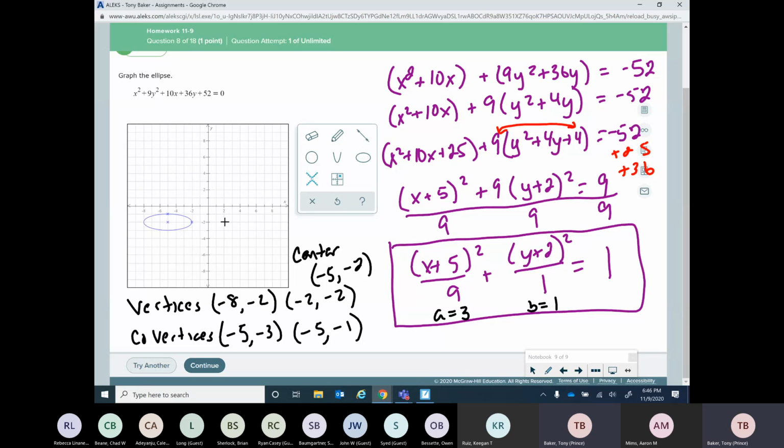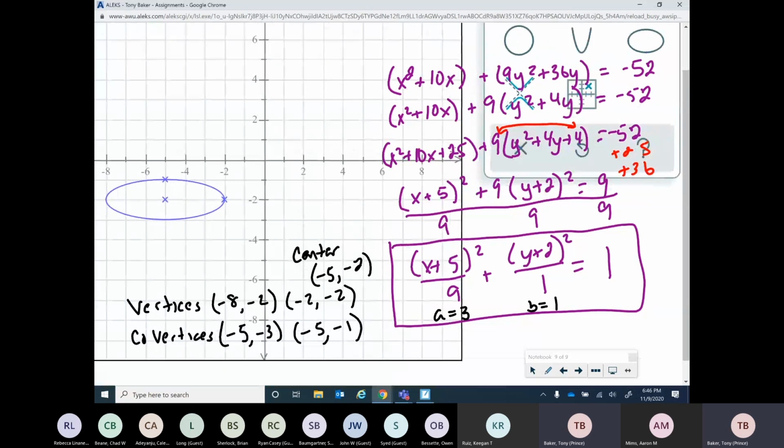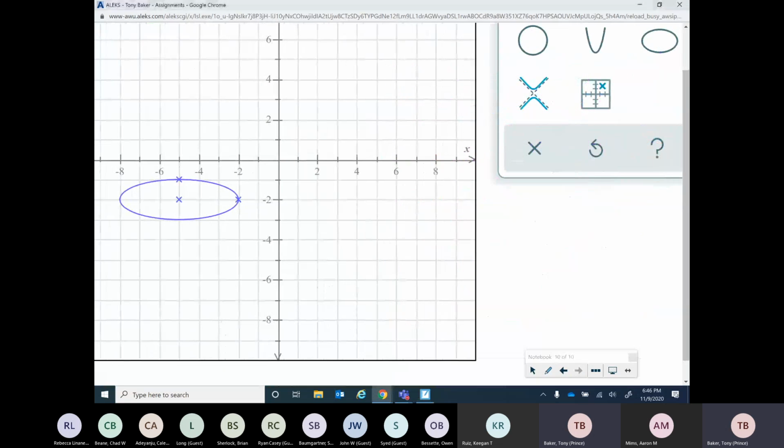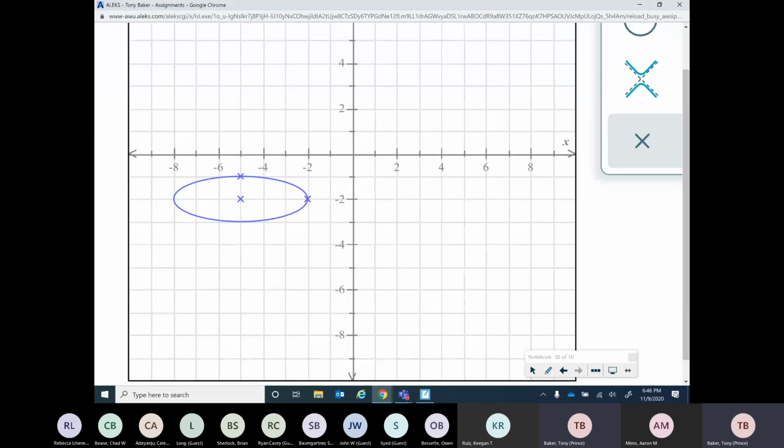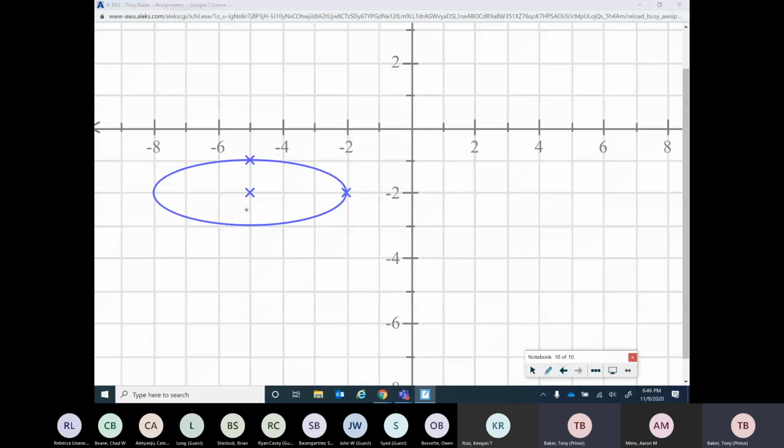All right, let's try this a little bit of a different way. We're going to look at the graph. Let's explain this one. So my center right there goes at -5, -2. Okay.